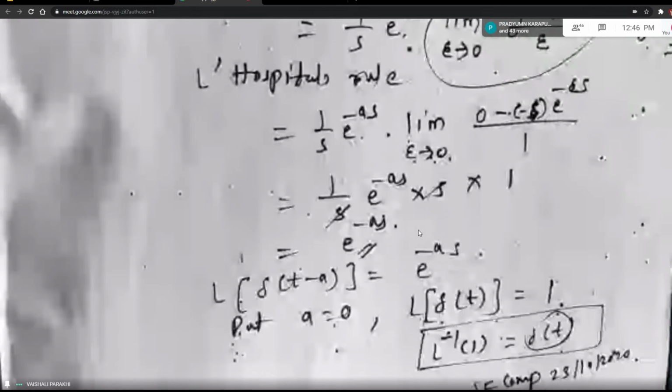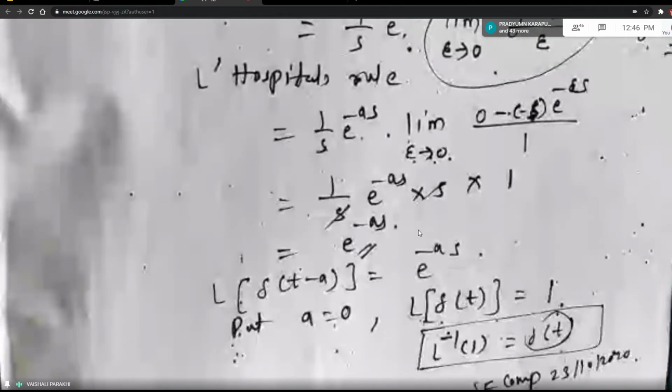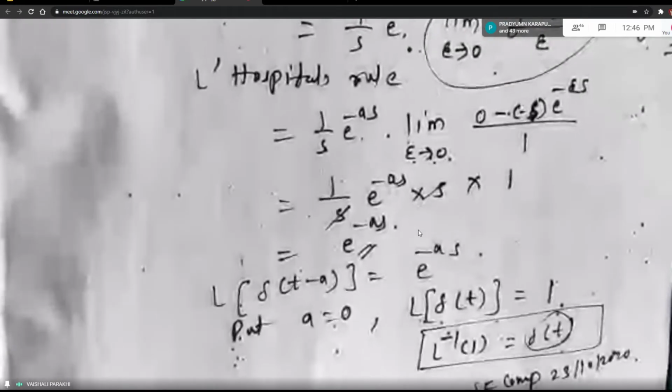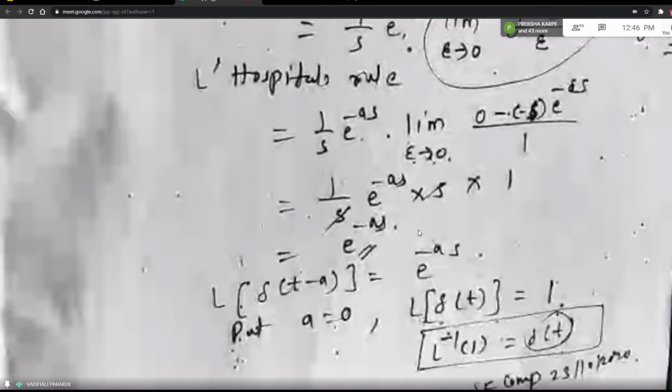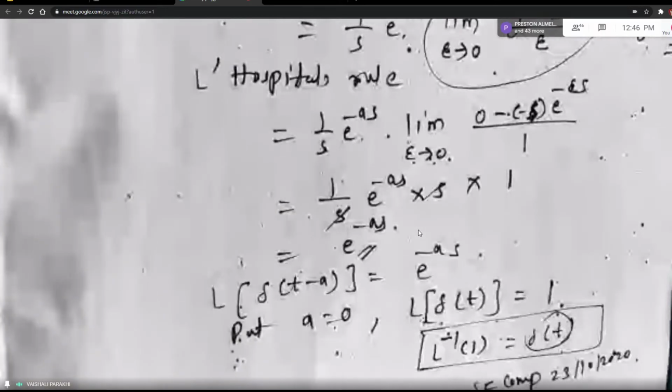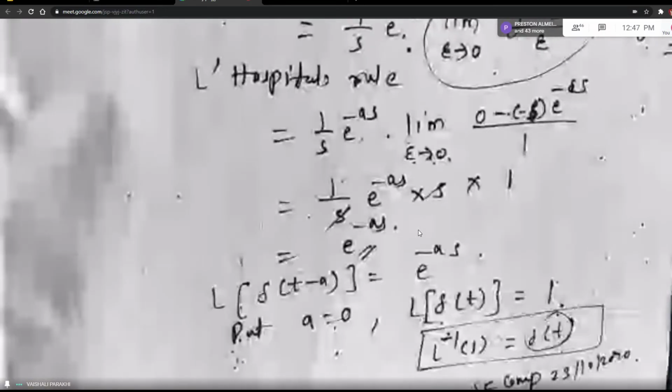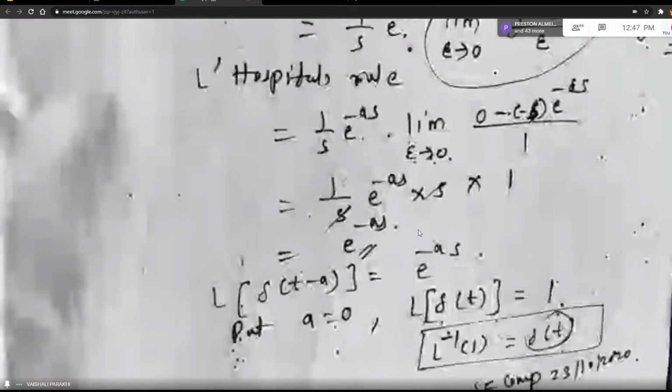But suppose you come across L inverse of 1 anytime, its answer is in terms of the Dirac delta function. So it is delta t. Okay. So this is a small part. Actually, they don't ask questions on this part, the Dirac delta function, but just as it is there in the syllabus, I have just told you what it is and how it is used.